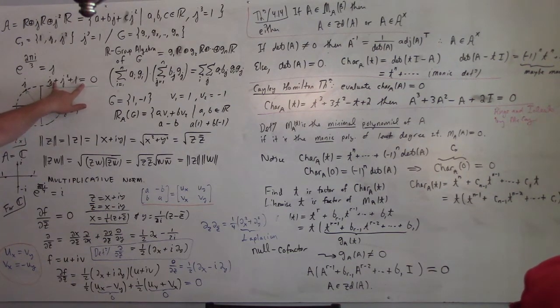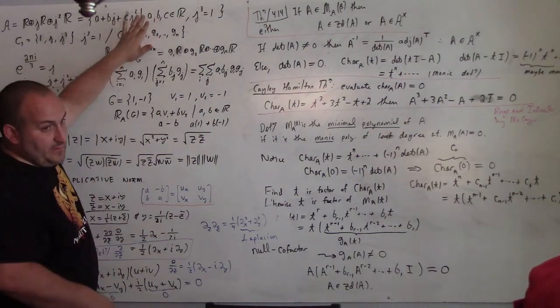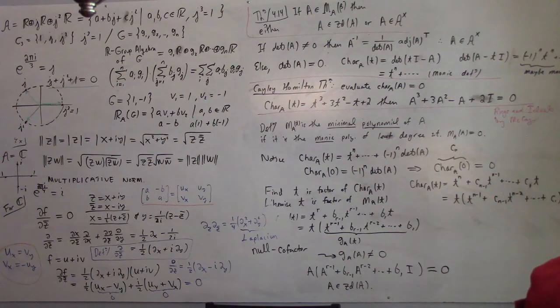But I am not imposing that linear dependence on this j and j squared forming this algebra. So that's something to keep in mind as I present examples. When I say this algebra has a unit j such that j cubed is 1, I'm also assuming that 1, j, and j squared are linearly independent elements of the algebra.